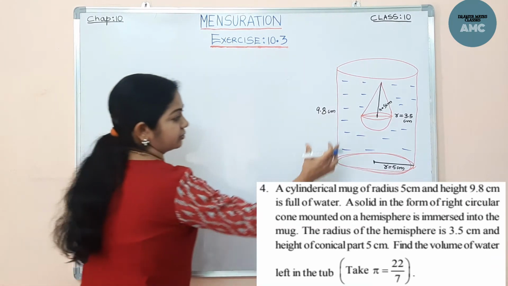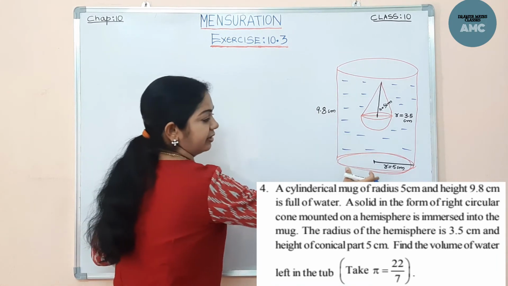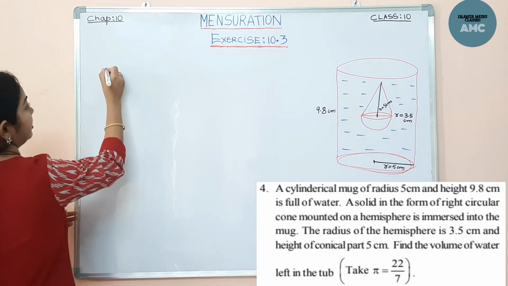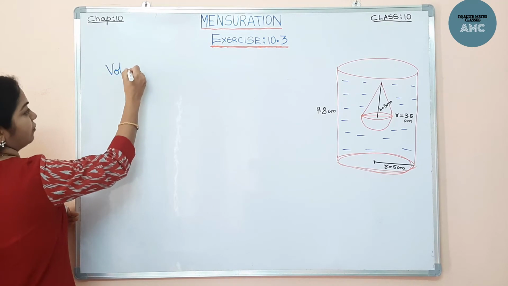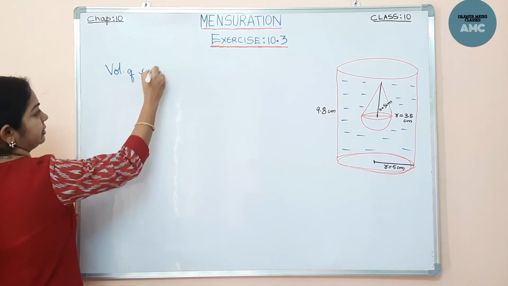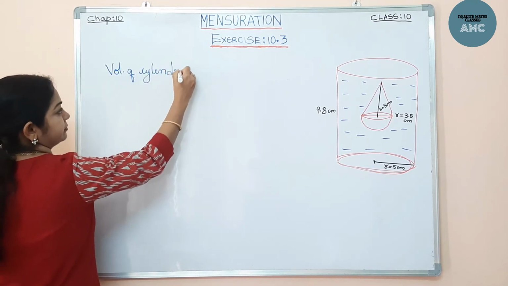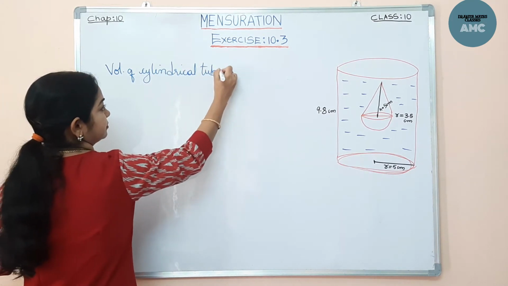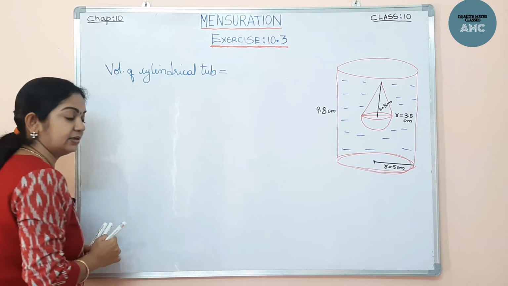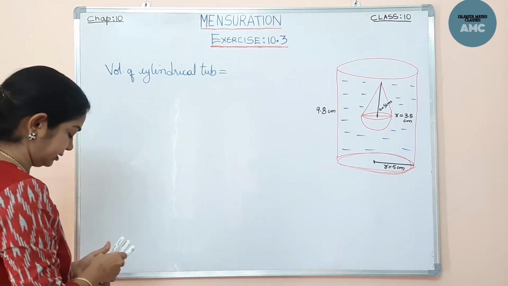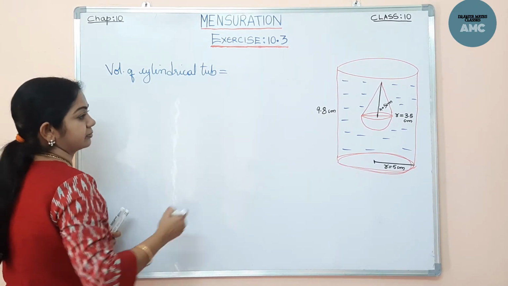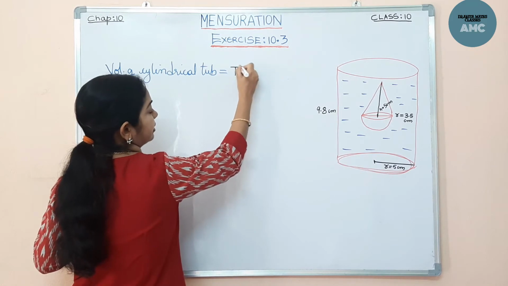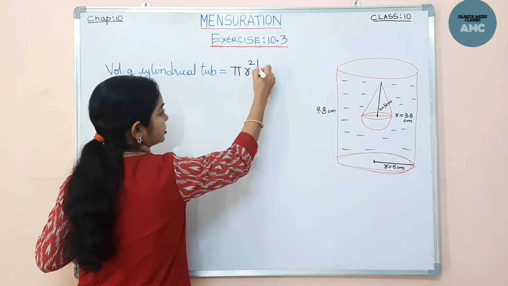First, I'll find out the volume of the cylindrical tub. In parts we will find out the volume of the cylindrical tub. The volume of the cylindrical part is pi r square h.